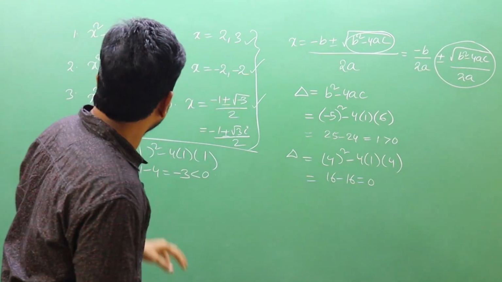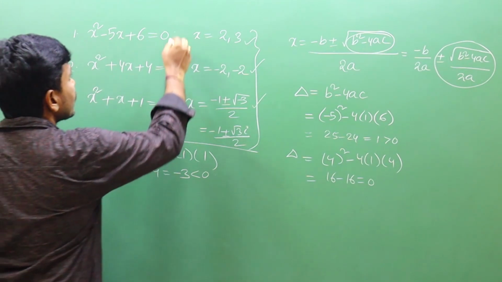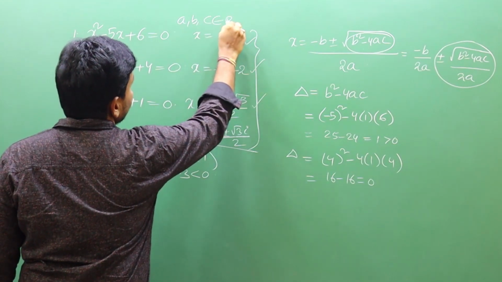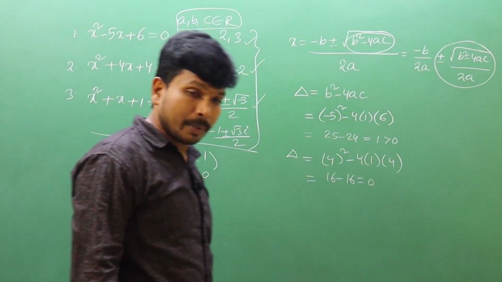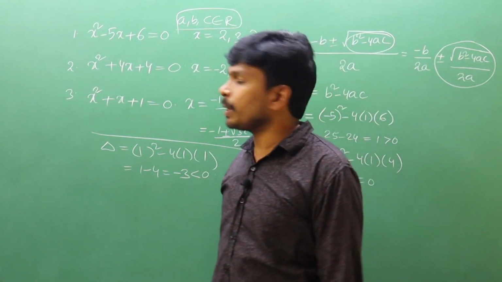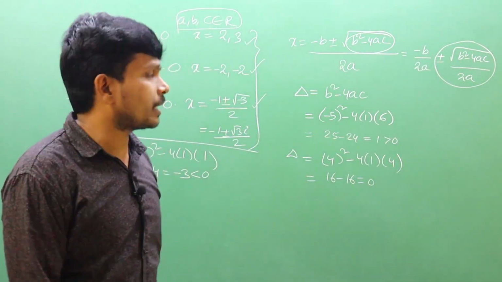Okay, here observe all coefficients. Here coefficients must be real numbers. a, b, c belong to real numbers: a means x square coefficient, b means x coefficient, c means constant term.